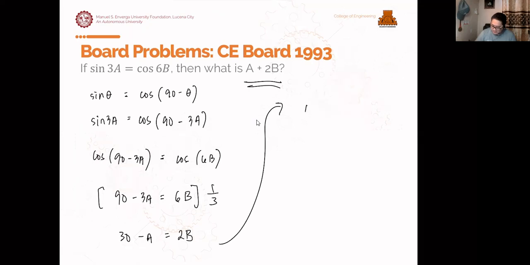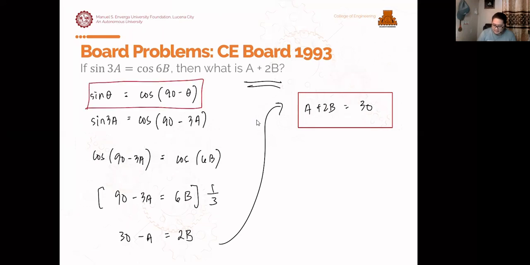So that will be a plus 2b is equals to 30. So this will be our answer for this given problem. Okay? So ito yung relationship na binanggit niya. Okay? I think doon sa video, napakita to doon sa video na binigay ko, no? Doon sa primer.